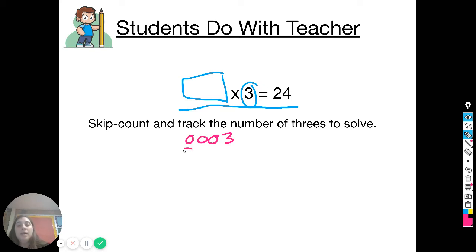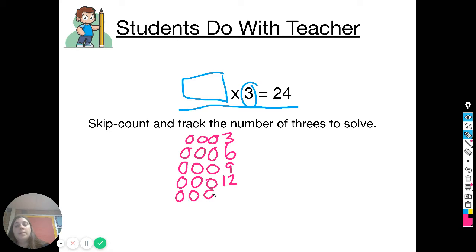Continue this with me. 4, 5, 6. 7, 8, 9. 10, 11, 12. 13, 14, 15. 16, 17, 18. 19, 20, 21. We're getting close. Remember, we have to get all the way up to 24.